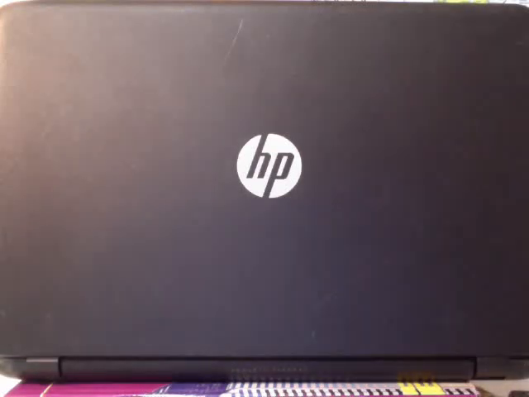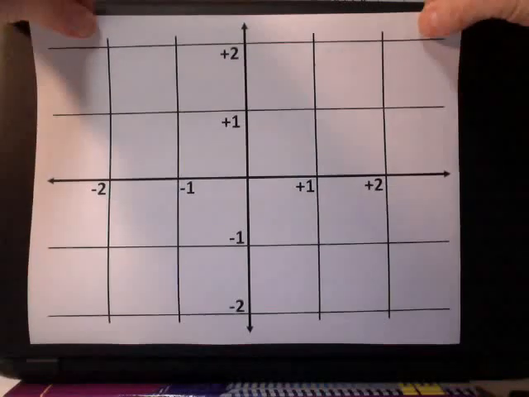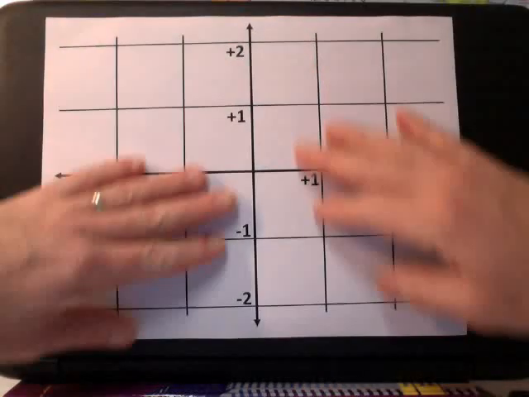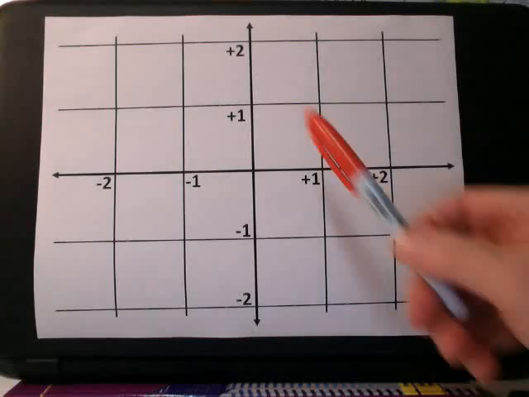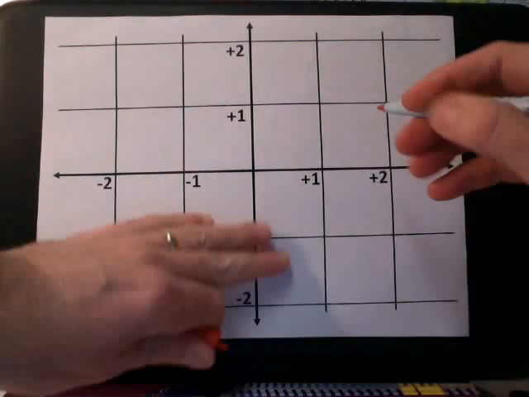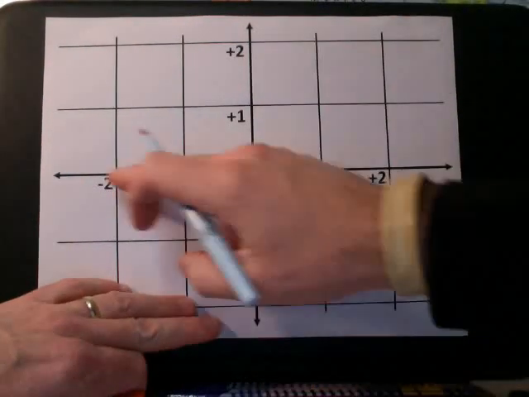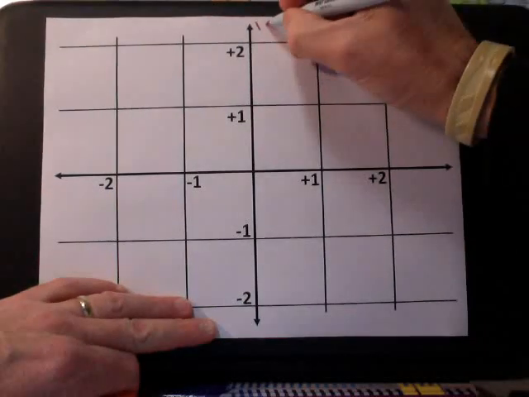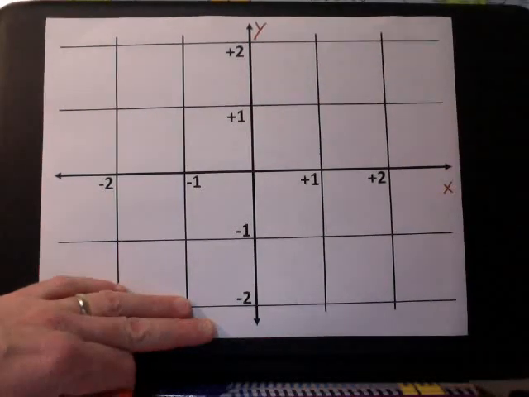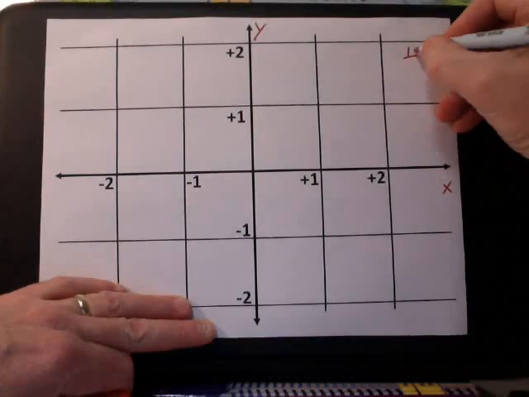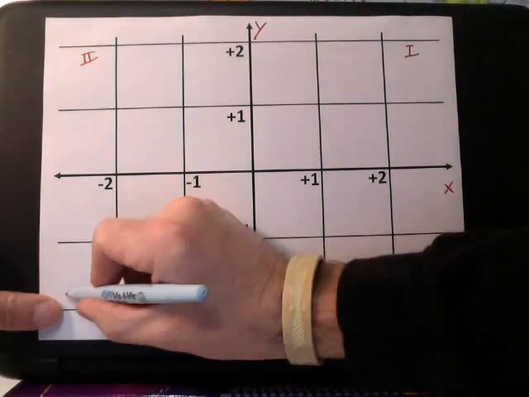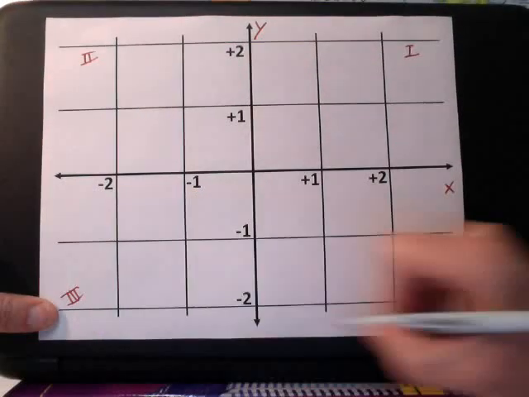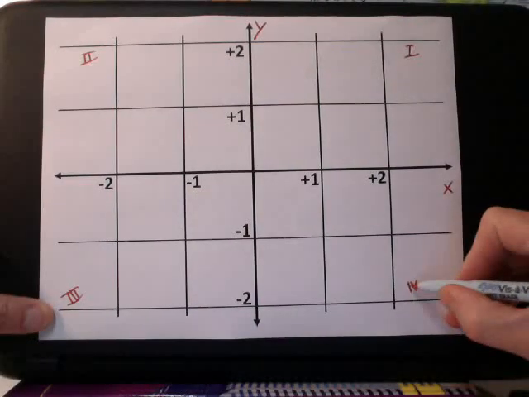Now, I'm going to give you a little bit of introductory information related to this topic of rational numbers on the number line. We've already learned that the coordinate plane is made up of two number lines, y and x. We know that you have quadrant 1, quadrant 2, quadrant 3, and quadrant 4.